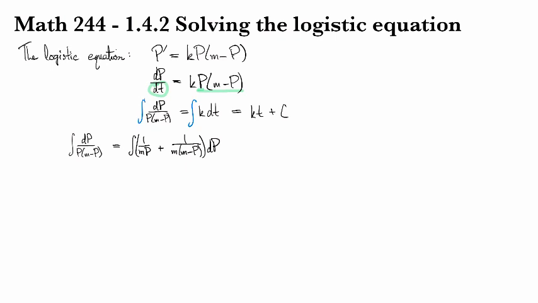If you are wondering where I came up with this partial fraction decomposition, I did that on a piece of scratch paper. I want you to try it first, see if you can solve it. I'll do it at the end if you get stuck.